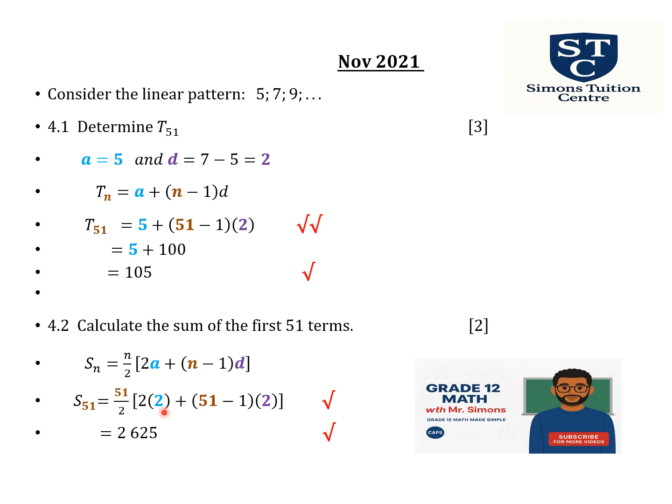Now a was 5 here. My apologies, typing error. So 2 times 5 is 10, 50 times 2 gives me 100. 110 times 51 over 2 then gives me 2,805. So 1 mark for substitution and 1 mark for the final answer.